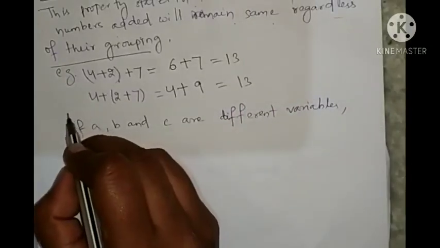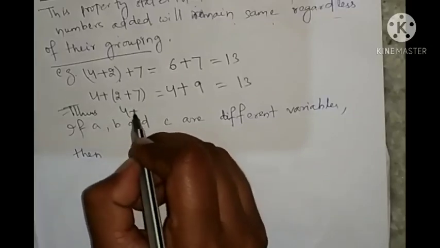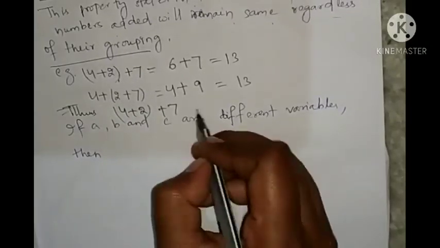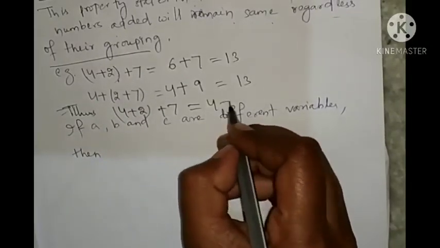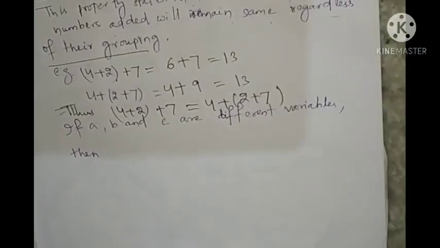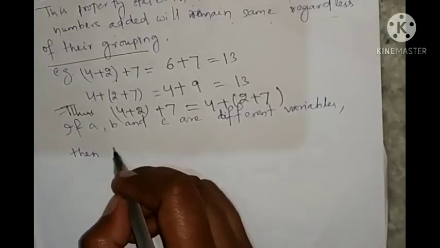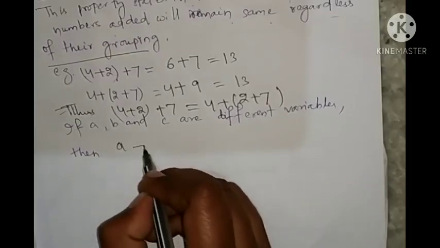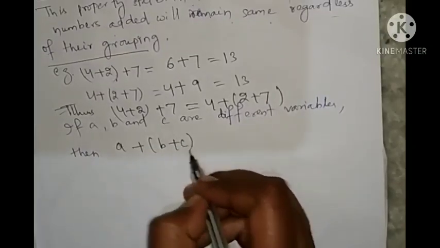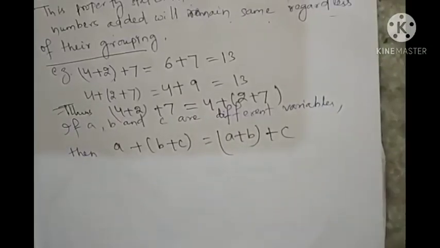Thus, 4 plus 2 whole plus 7 equal to 4 plus whole 2 plus 7. So this is associativity of addition. So if A, B, C are different variables, we can write that A plus whole B plus C equal to A plus B whole plus C.